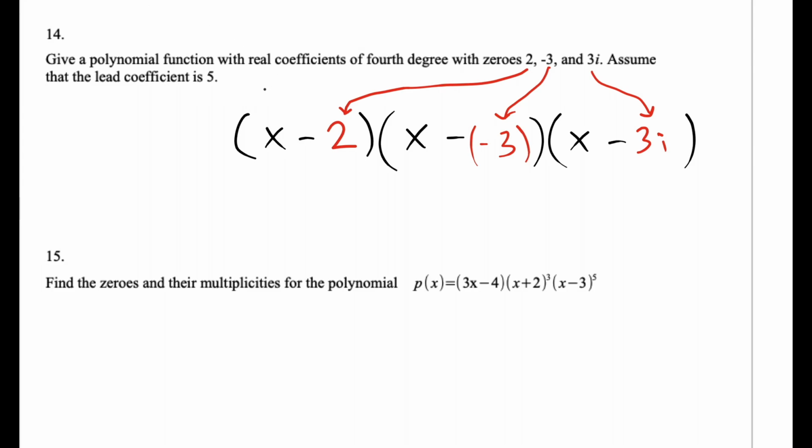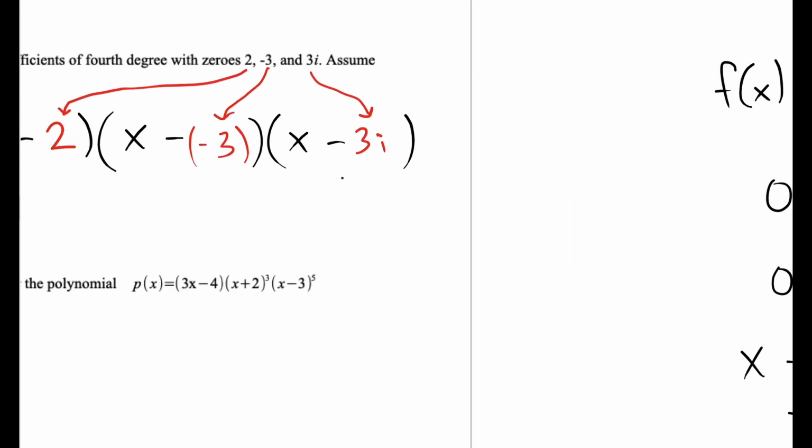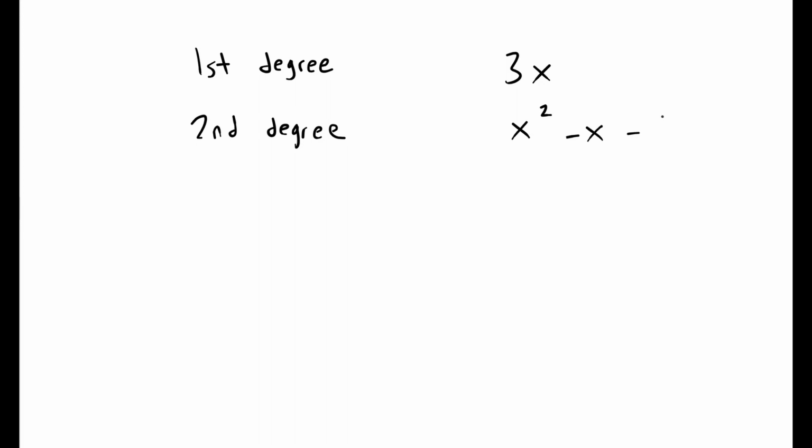However, this particular question wants real coefficients, and it also wants what's called a fourth degree polynomial. So a first degree polynomial could be something like 3x. Second degree could be x squared minus x minus 6.